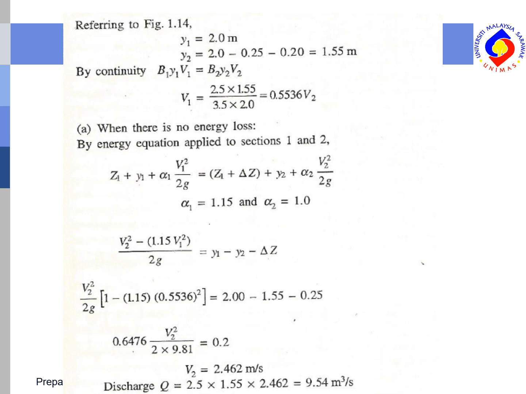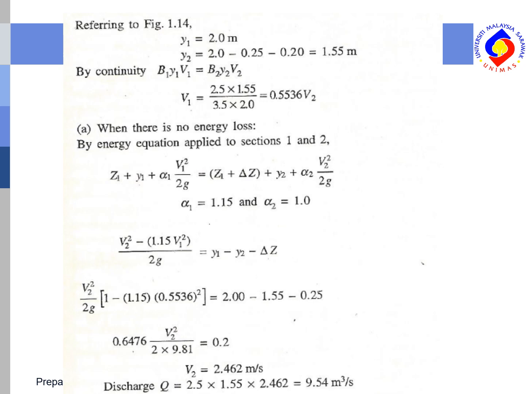Then by using the continuity equation, where Q1 is equal to Q2, or in other words, because Q is equal to AV, B1 Y1 V1 is equal to B2 Y2 V2.